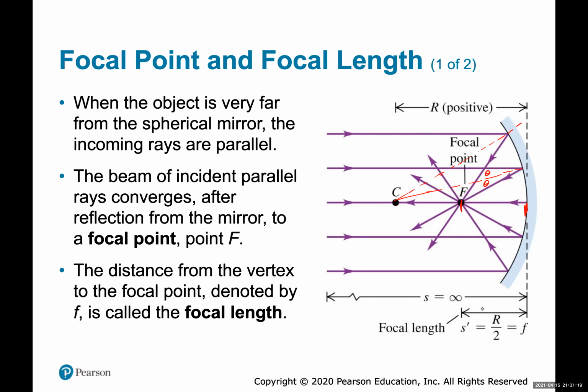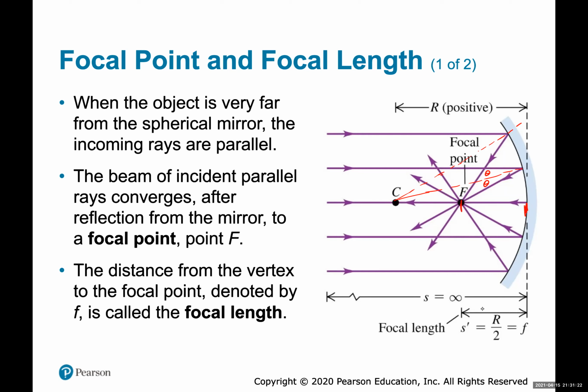The point at which a spherical mirror focuses parallel plane light, the point at which it does that is the focal length, and it is half the radius of curvature.